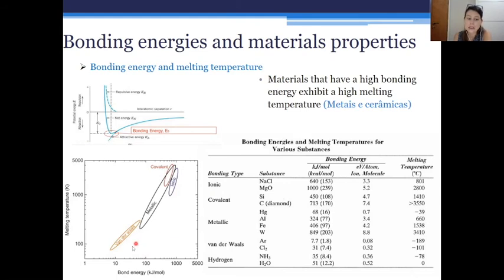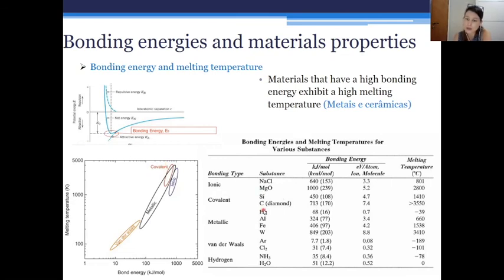So let's see. The materials that have van der Waals bonds, so secondary bonds, will melt at low temperature. Then we have the metallic bonds, and covalent and ionic bonds will result in a material that has a very high melting temperature.